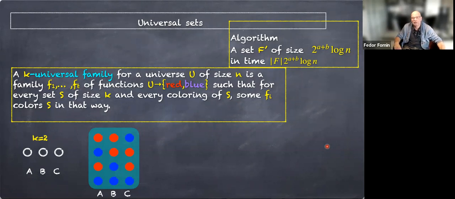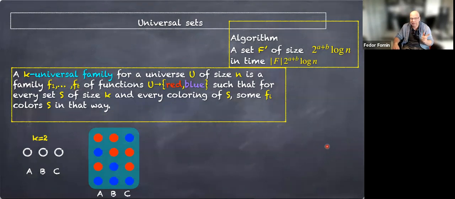For separating partitions, there are very nice tools called k-universal families, which are quite well understood and developed in computer science. A k-universal family for a universe U of size n is a family of functions f1 to ft, and these functions map the universe into two colors, red and blue.